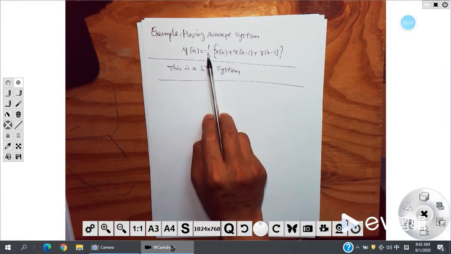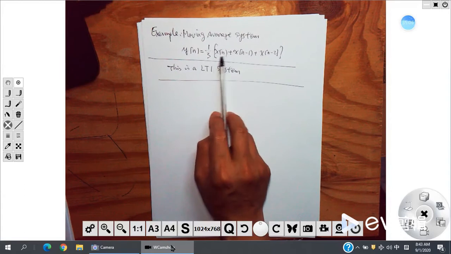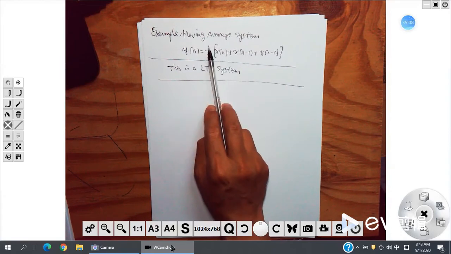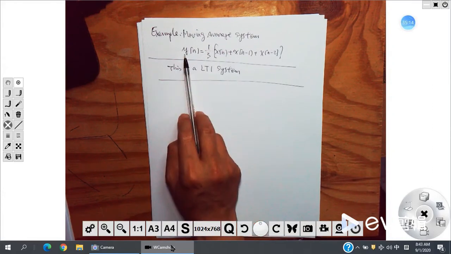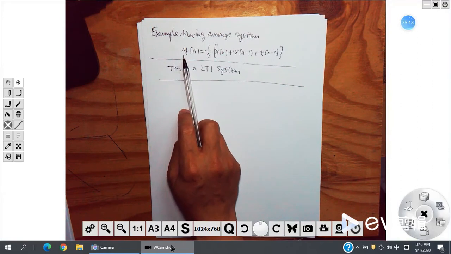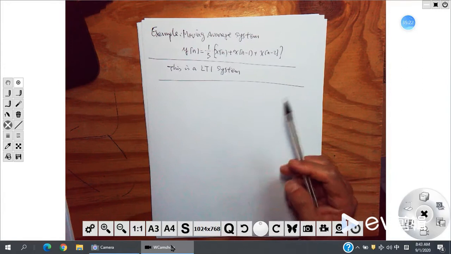The coefficient must be constant, no n, just constant. Here it is 1/3. All these three have 1/3 as a coefficient, a constant coefficient. And on the y side, the coefficient is 1, times 1 in front of it. So this is an LTI system.